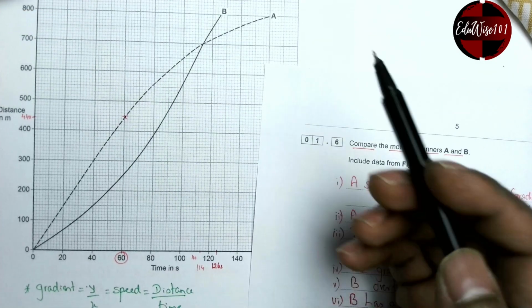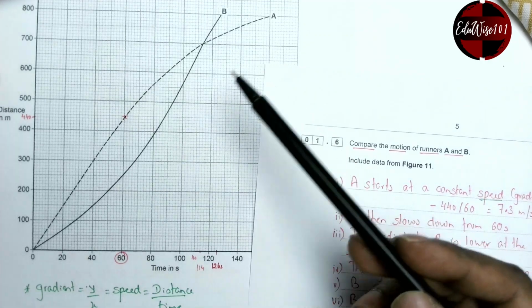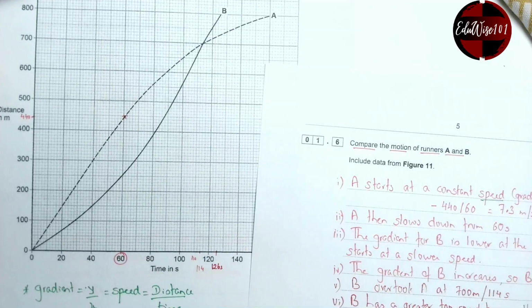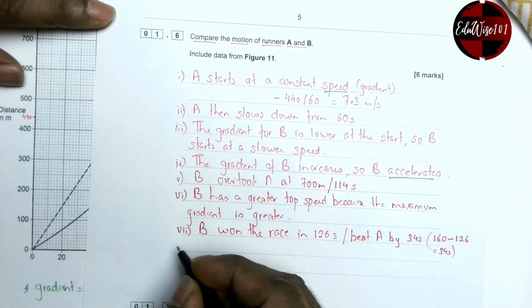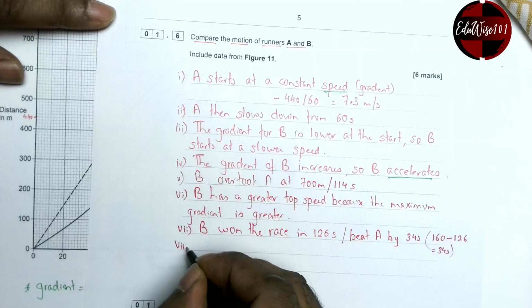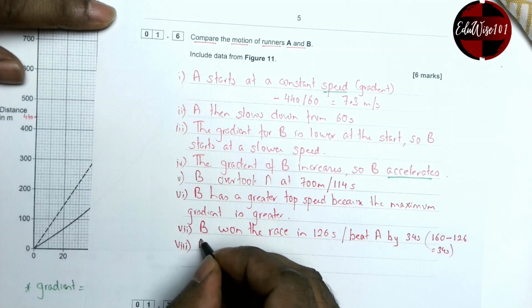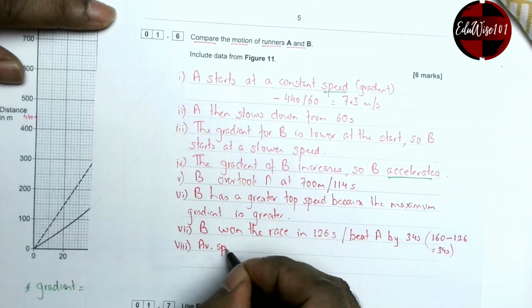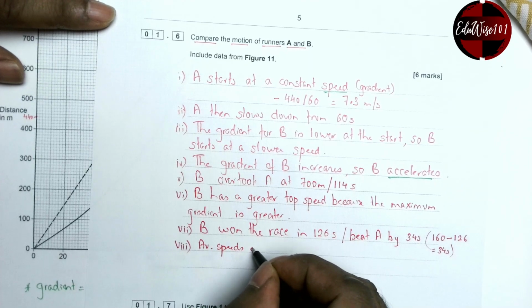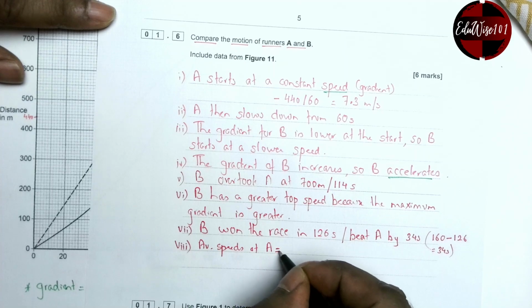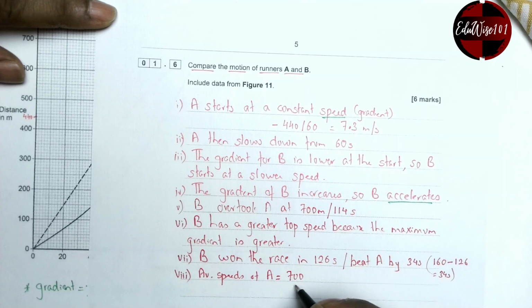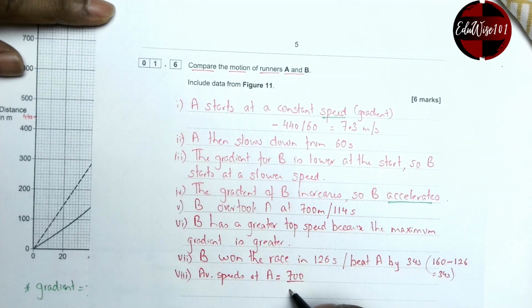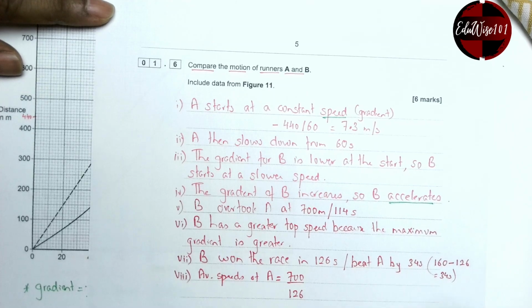And one additional thing I can work out is the average speed of both these runners. So average speeds of A equals, so 700 divided by 126.